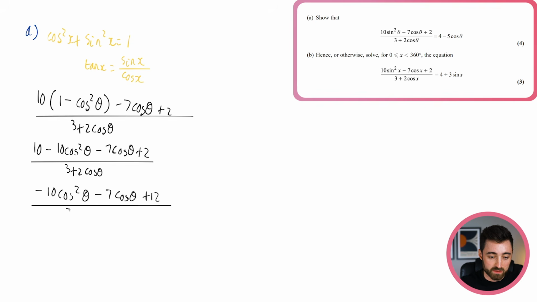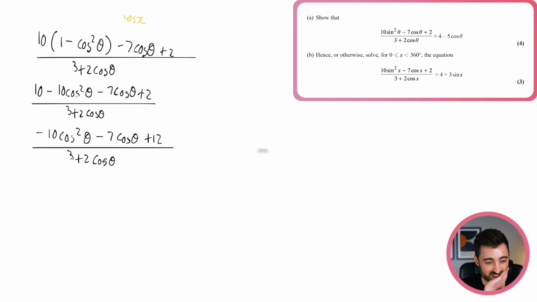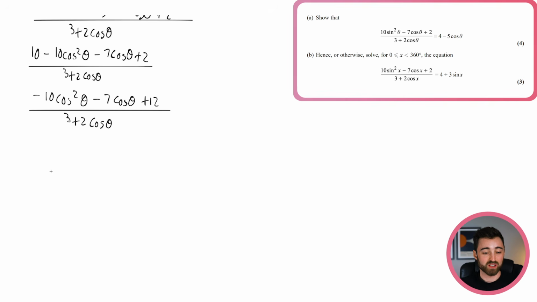So it would probably be useful if I could factorize this and hope that one of the brackets is 3 plus 2 cos theta. That would actually sort me out, wouldn't it? So should we try and get that to work? So, okay, let's try and factorize this. If I have a 3 plus 2 cos... Let's write this as 2 cos theta plus 3. I'm vibing here, but I feel like this is what's going to happen.